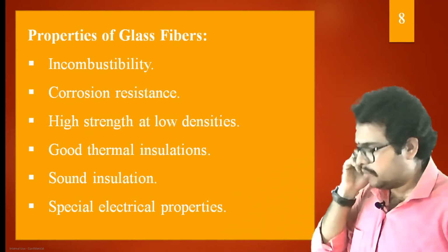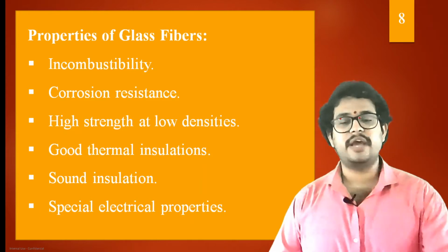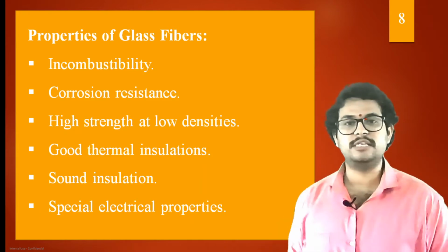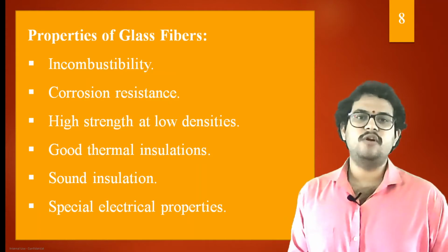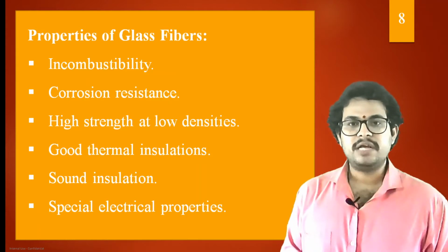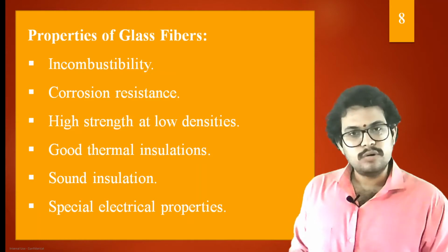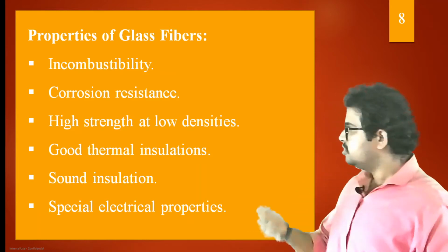Incombustibility: even when exposed to huge amounts of thermal or heat energy, they cannot be subjected to combustion. So, they cannot catch fire; they don't catch fire that easily. Next, corrosion resistance.